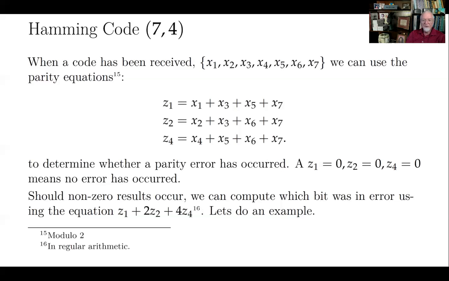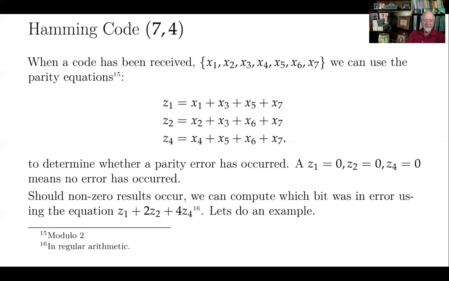So if you get a 0, 0, 0 for the parity numbers here, that means no error has occurred. If you get a non-zero result, that is, one of those numbers or 2 of those numbers or 3 of those numbers come out to be 1s, then we can compute which bit was in error by using z1 plus 2z2 plus 4z4.